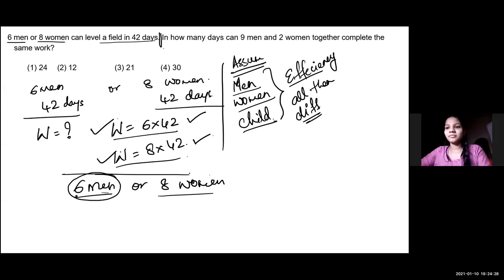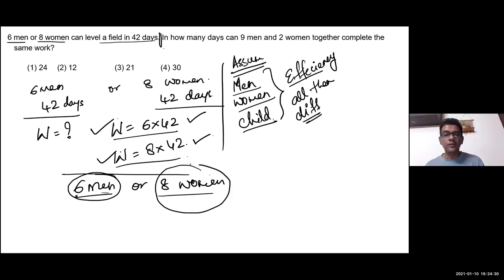Yes sir. 6 men और 8 women का मतलब ये होता है that what job 6 men can do, the same job 8 women can do. See the number of days the work is taking to complete, 42 days, right? Both of them are taking 42 days to complete the job.